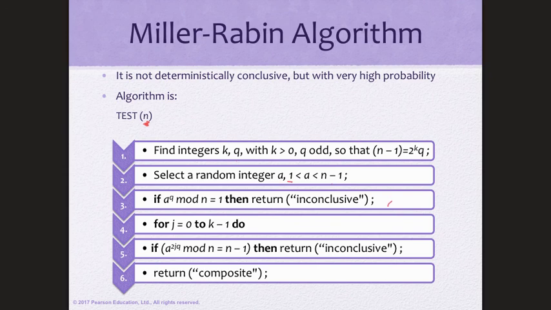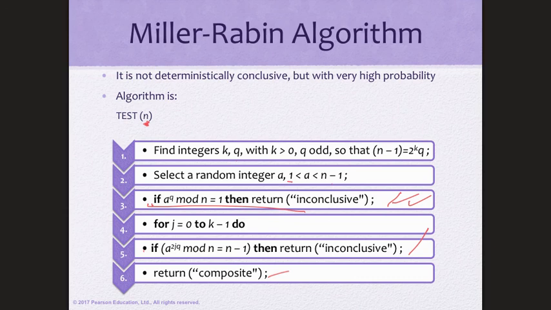So either it passes this one or it passes the other one. Then I'm going to say that this might be a prime number. Otherwise, I'm going to return that it's not a prime number. So of these two tests, if one of them is succeeding, then I stop there with a non-conclusive result. I know that it might be a prime number.